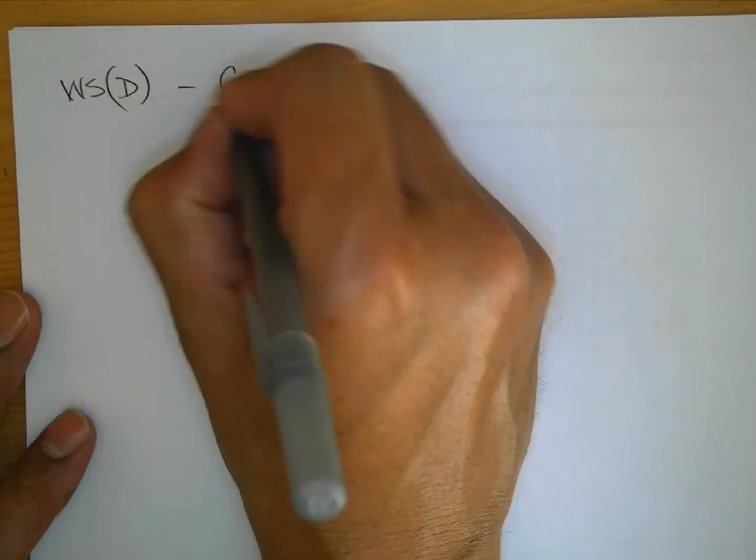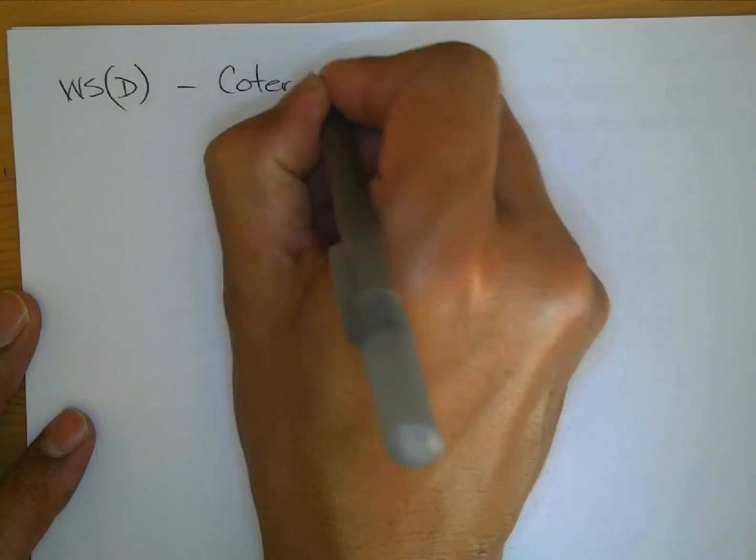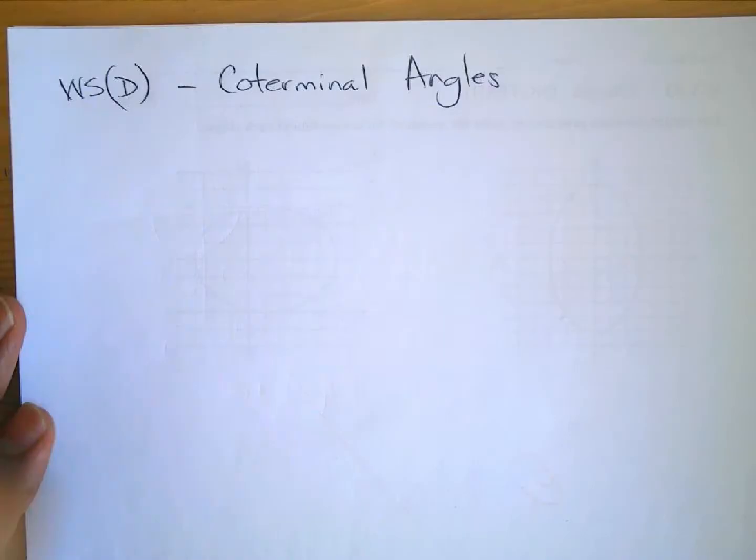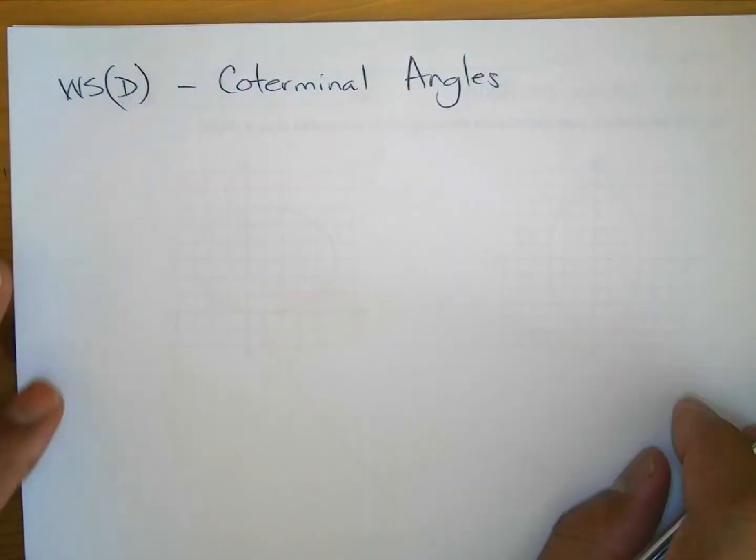Okay, the next part of the notes, this is what you're going to see on the assignment here. Again, worksheet D, coterminal angles. Okay, let's write the directions.